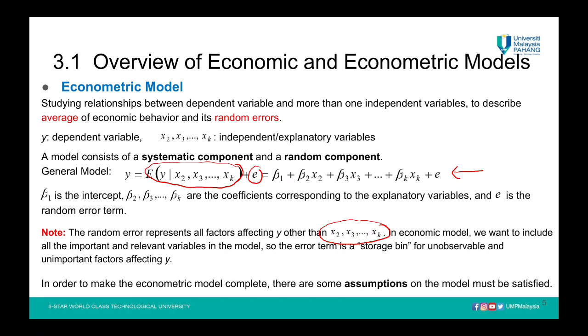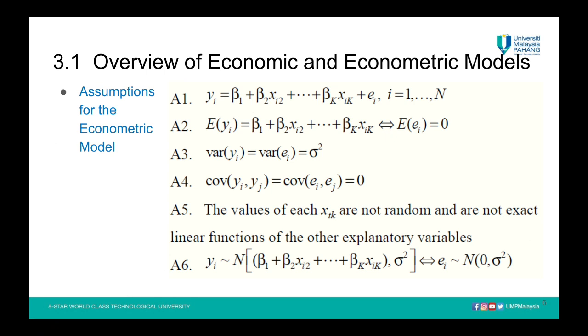So the error term is a storage bin for unobservable and unimportant factors affecting Y. In order to make the econometric model complete, there are some assumptions on the model that must be satisfied, as listed on this slide from A1 to A6.